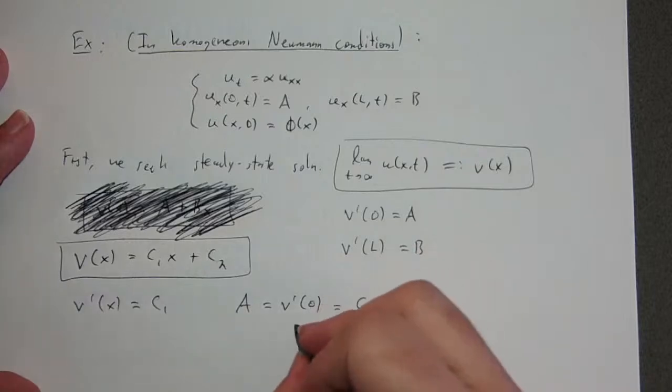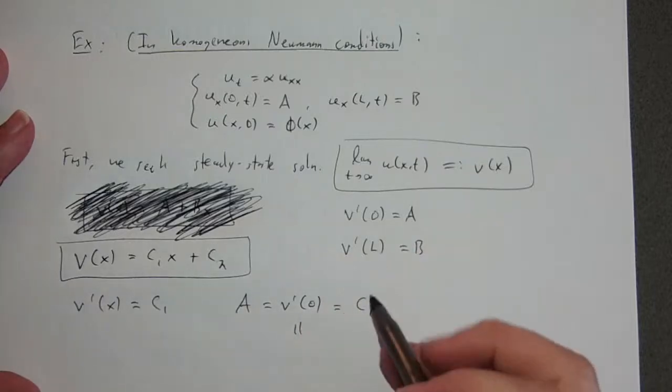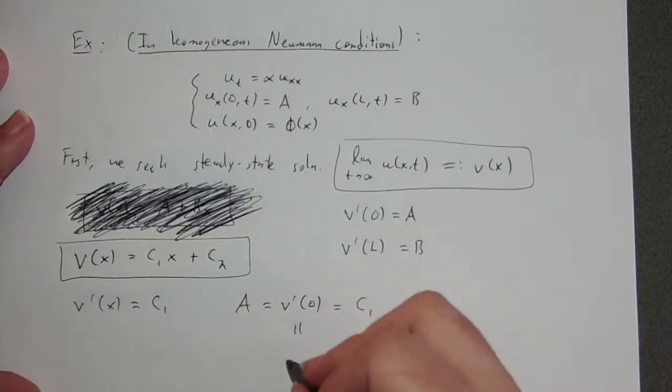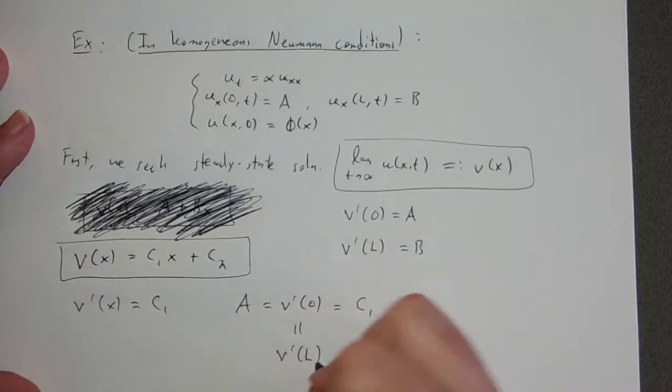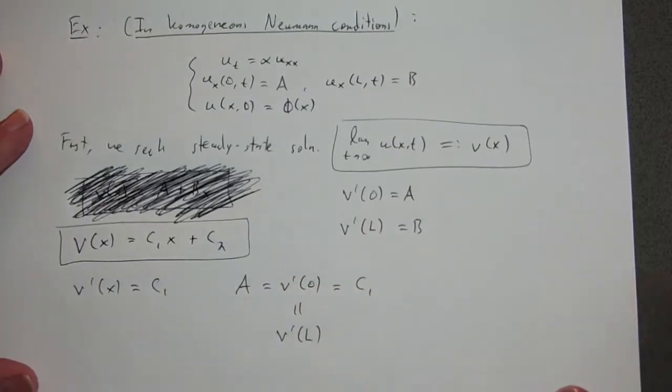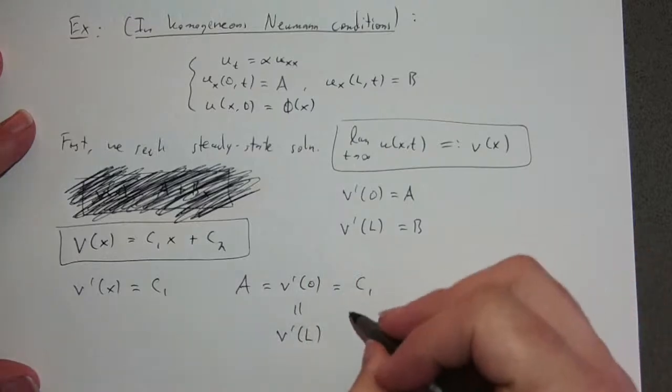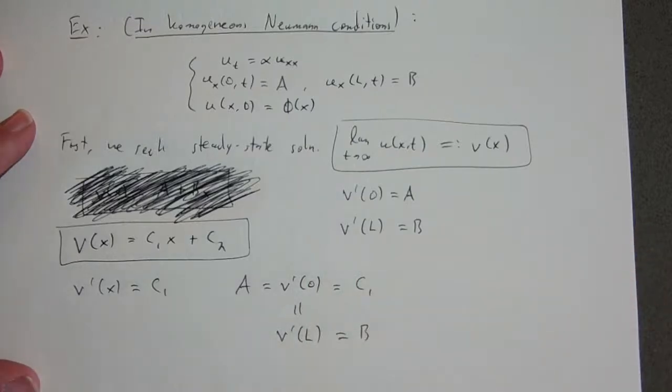But v prime of 0 is the same as v prime of L, because this is constant, so v prime of 0 and v prime of L are the same. But v prime of L is B. And so both A and B have to be C1, that is, A and B have to be equal for this to have a solution.